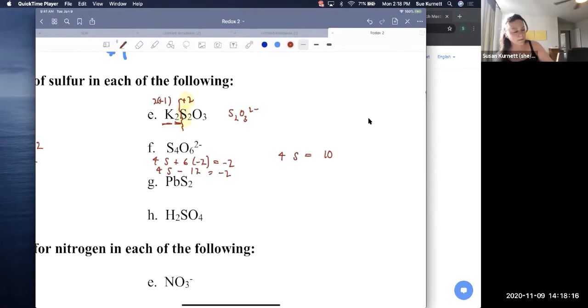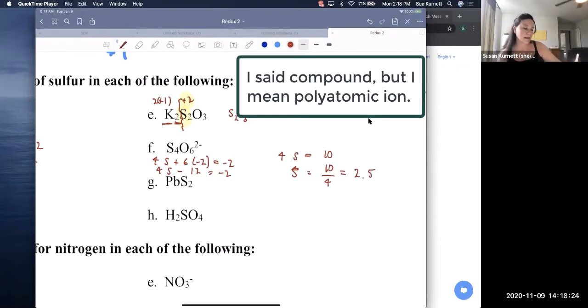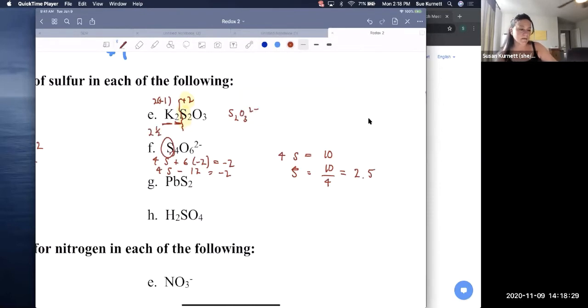Divide by 4. So in this compound, each atom of sulfur has an oxidation state of 2.5. How is that possible? It's the idea of electrons. So we can have the idea of half of an electron's worth of charge.